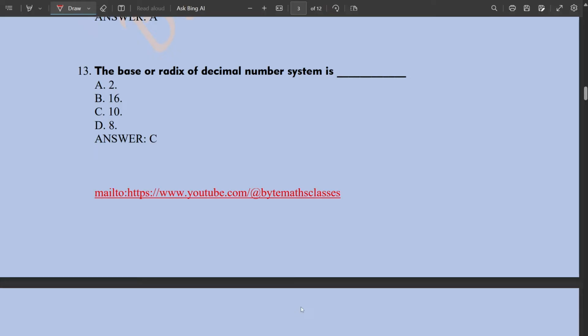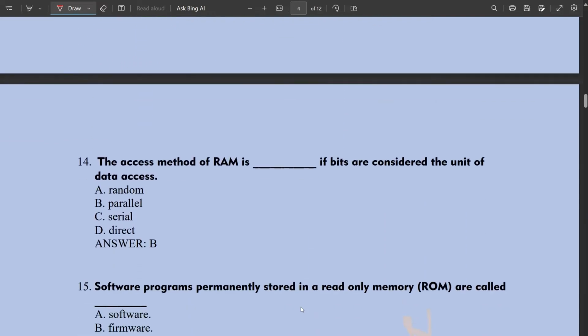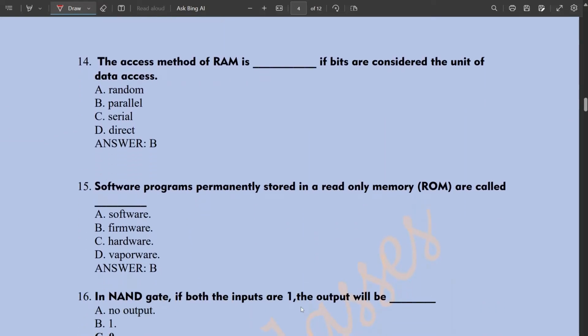Next, the base of the decimal number system. I discussed this in the last video. If the radix base is 2, it is called binary. If 16, it is called hexadecimal; hexa means 6 and decimal means 10, giving 16. Base 10 is decimal, so the answer is option C. Next, the access method of RAM.